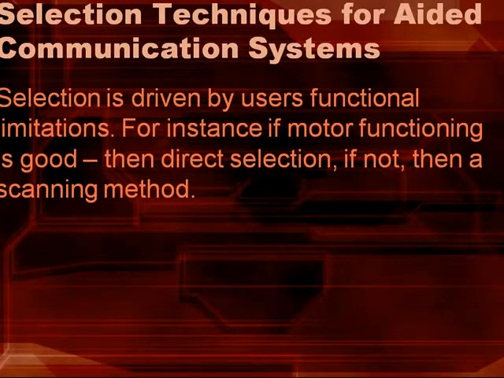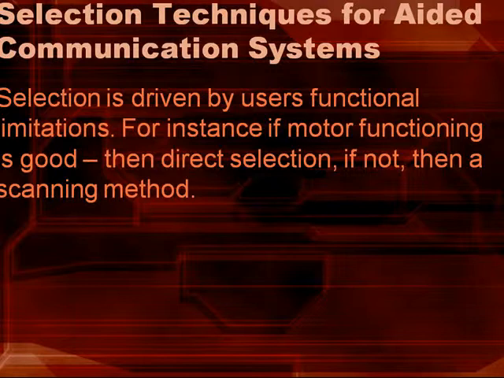So there are several different selection techniques for aided communication systems. Again, it's driven by the user's functional limitations. So if they have good motor functioning, then they can use direct selection, which in essence means being able to point in some form, either using a mouth pointer, so that's really a stick in one's mouth, using a head pointer, which is a stick mounted to one's head, or being able to use one's fingers, or even being able to gaze at an object and assessing where the person's looking.